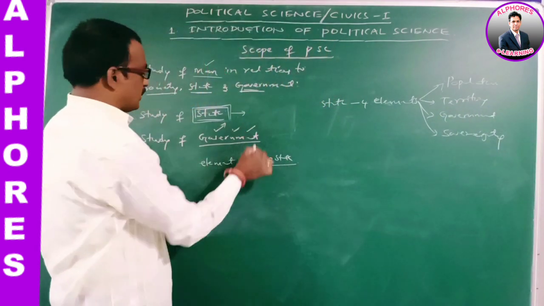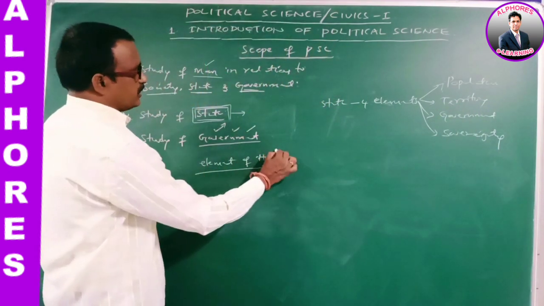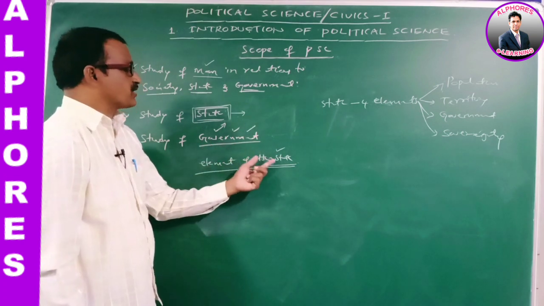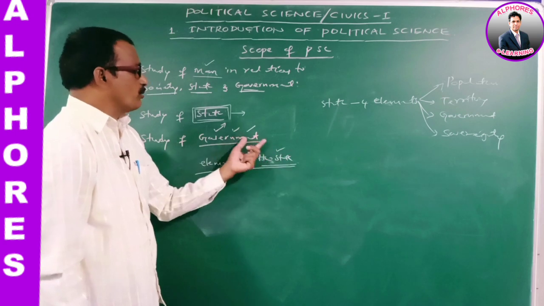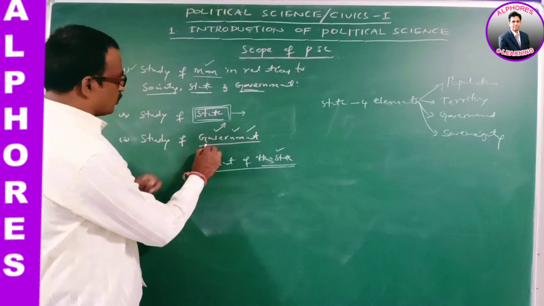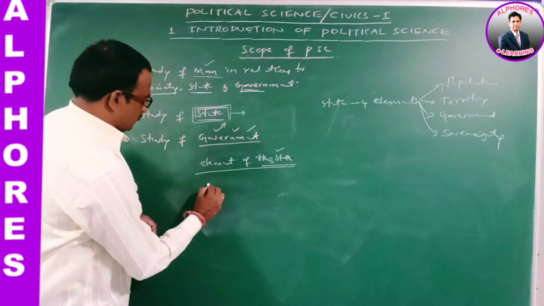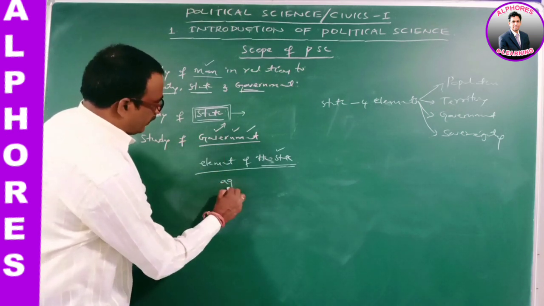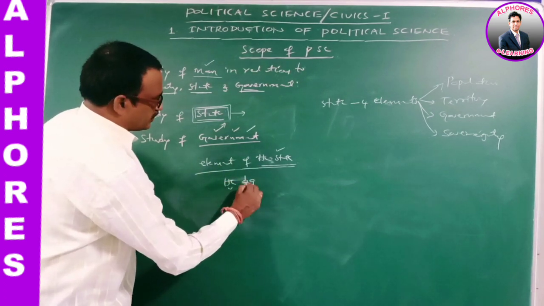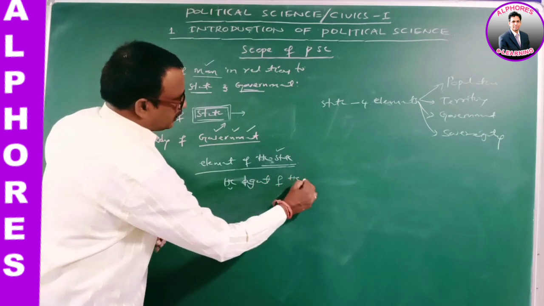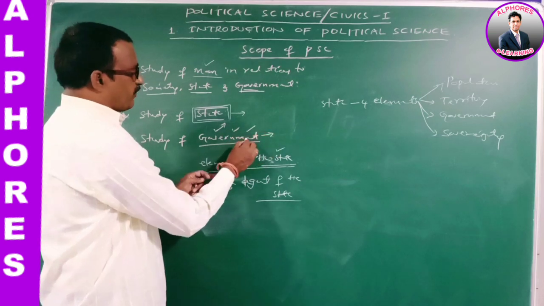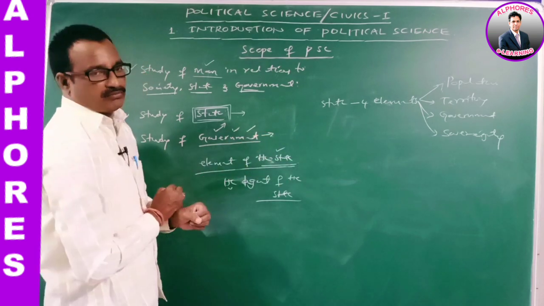So government is one of the essential elements of the state. Here what is government? Government is one of the essential elements of the state. So without government there is no state. And one more thing, government is the agent of the state, because the government will perform all the activities of the state.